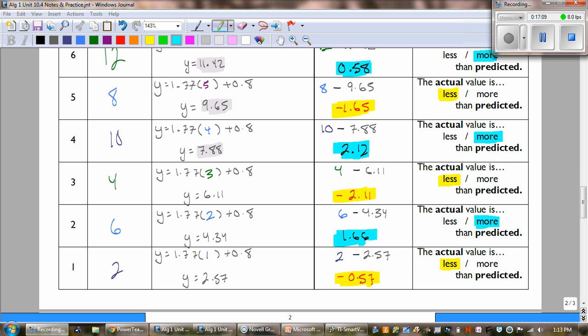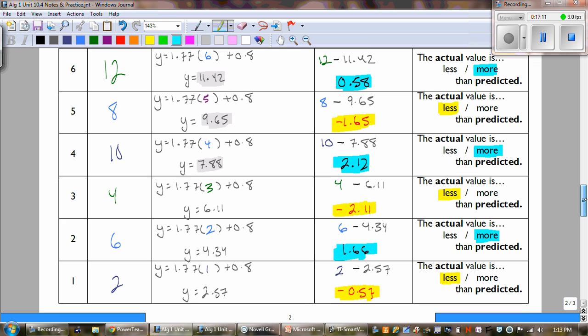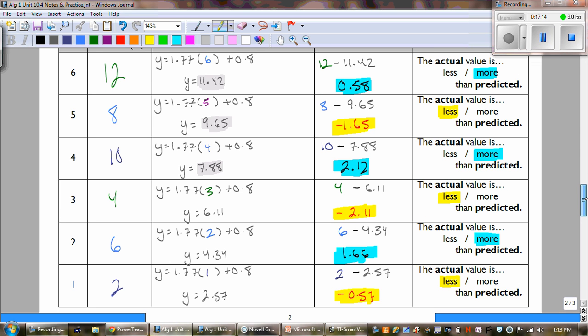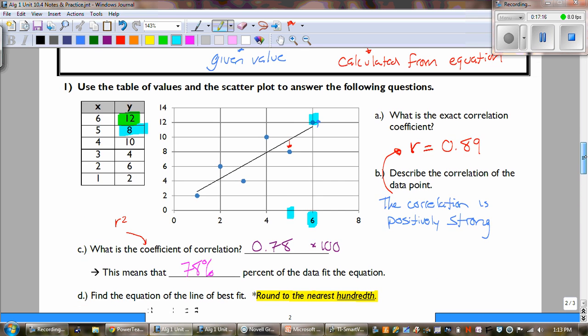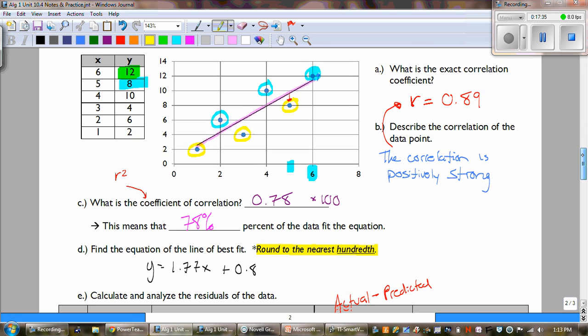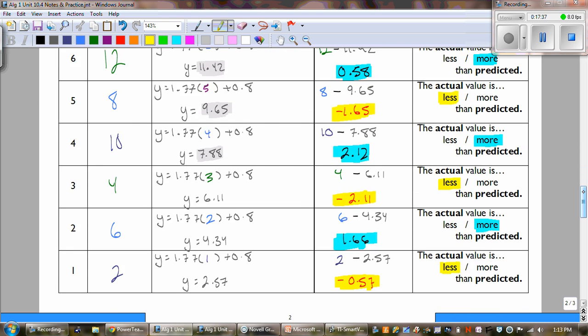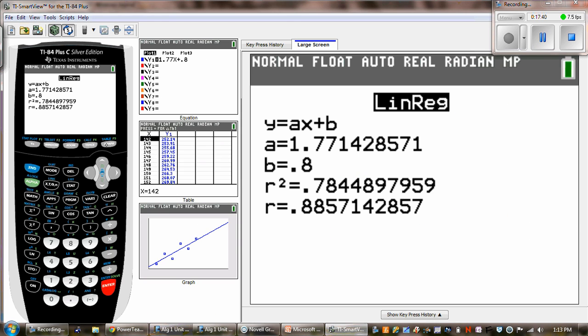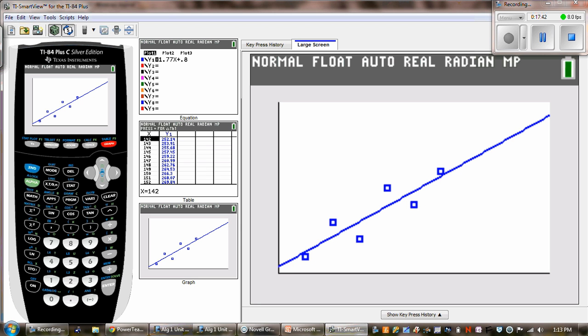Now when you're looking at it, we had 3 that were more and 3 that were less. If we look at our graph, there's our line. We had 3 points above and 3 points below. That's where that comes from. You can look at your graph even when you're doing it on the graphing calculator. You can see how I drew the line too. I can tell that there are 3 points above and 3 points below.